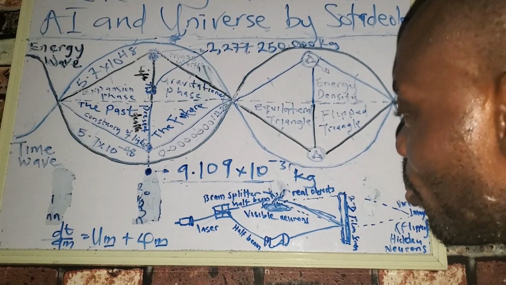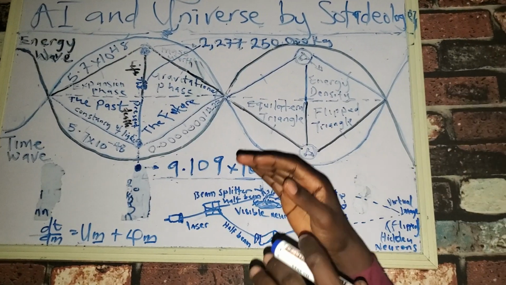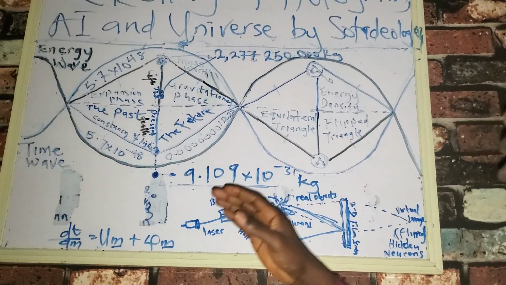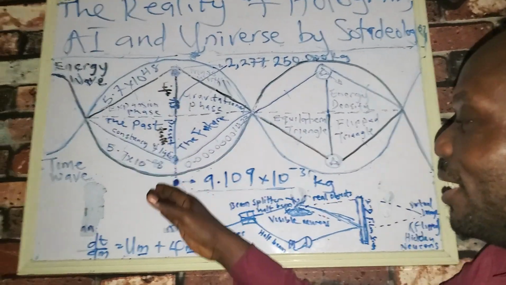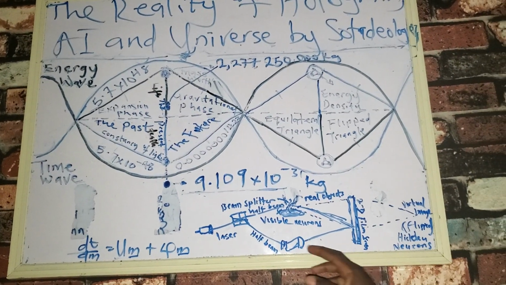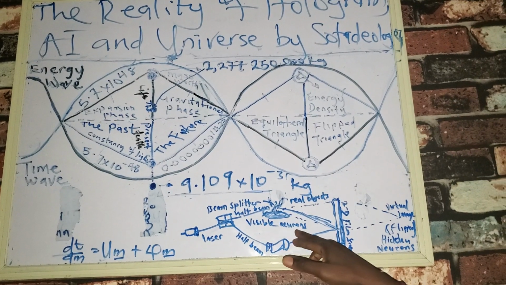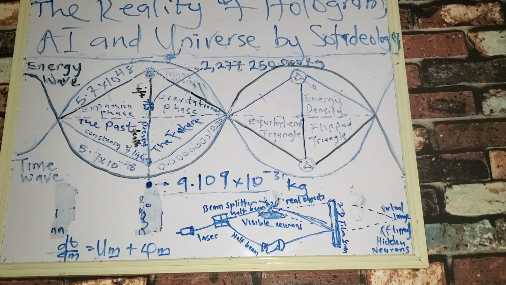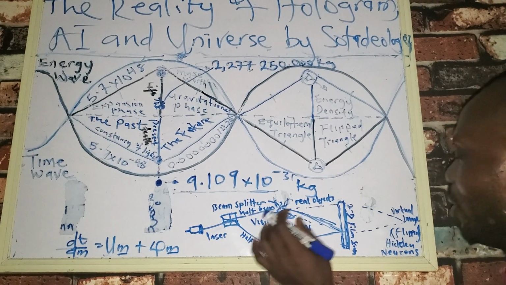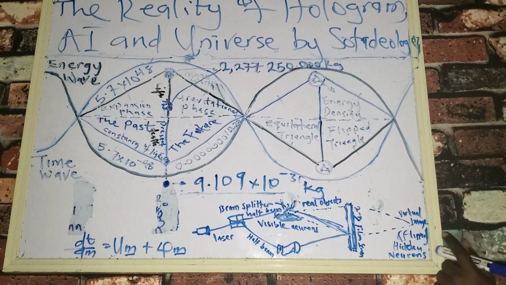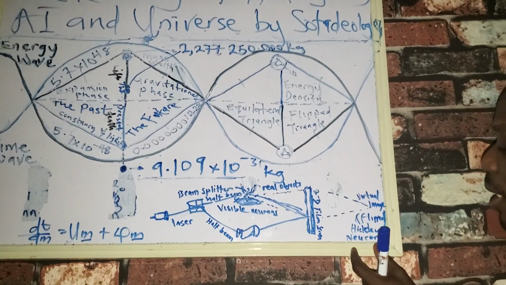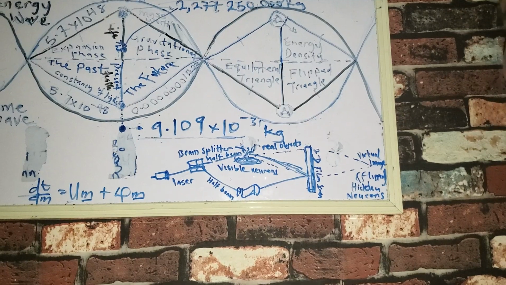So neurons are being configured like that. These visible neurons will serve as input, and then the hidden neurons will serve as output.